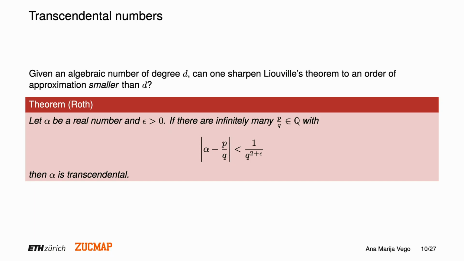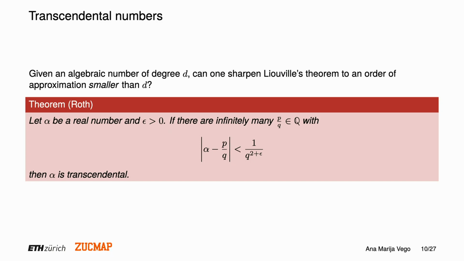And he said, if we take a real number alpha and a positive epsilon, then there exist only finitely many fractions with this difference alpha minus p over q bounded from above by 1 over q to the power of 2 plus epsilon, if alpha is algebraic. Otherwise the real number alpha is transcendental.